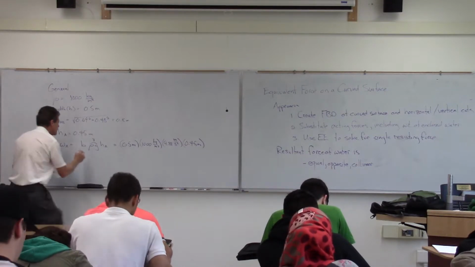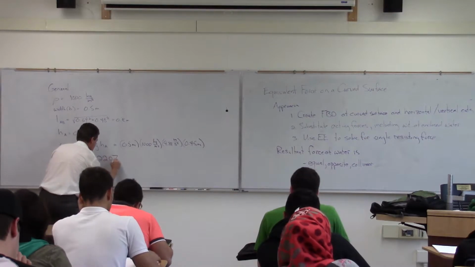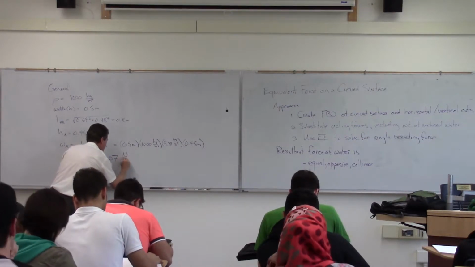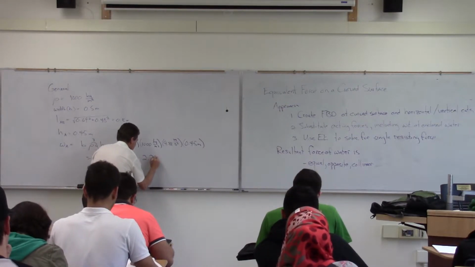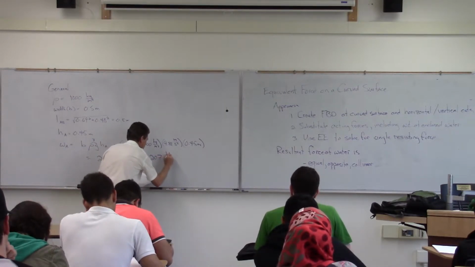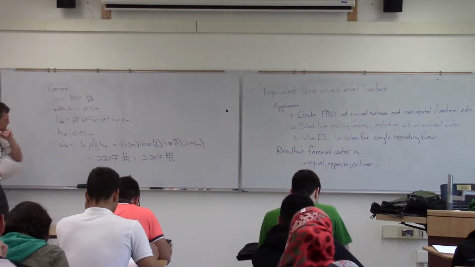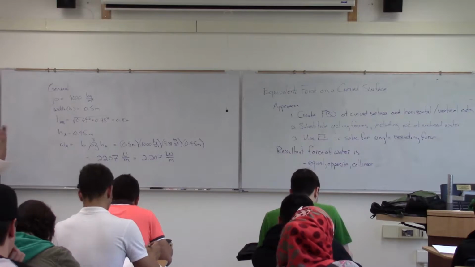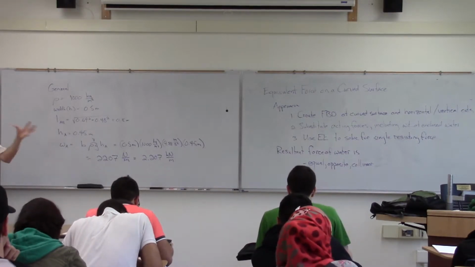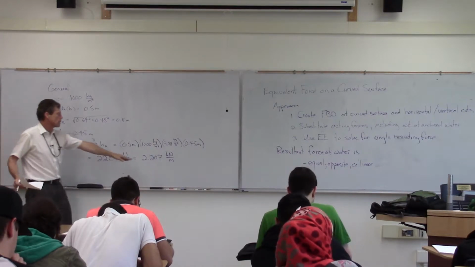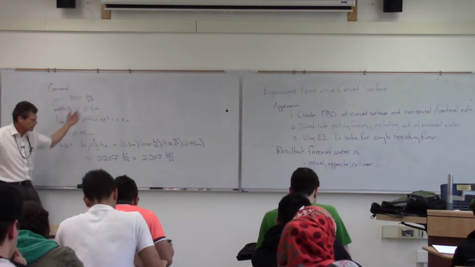Okay, so when we get done with that, we end up with 2,207 Newton per meter, which is, again, think about it, our beam load, force per length. And I'm just going to convert it into kilonewtons there so we're not carrying around really large numbers.